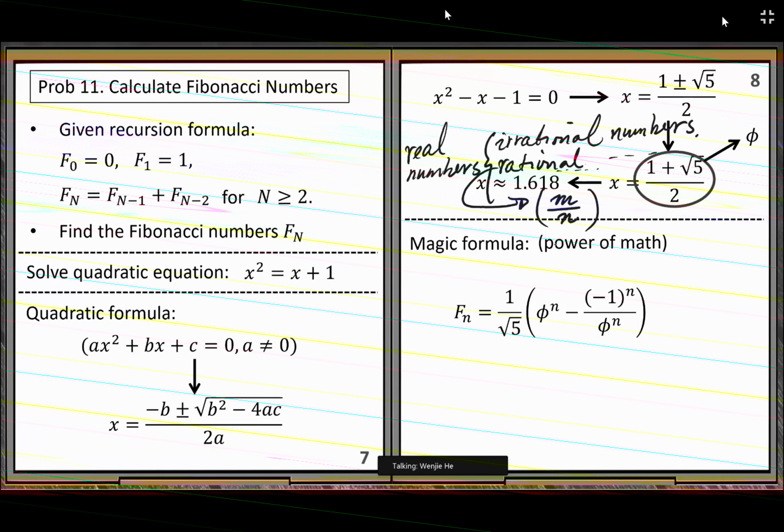You use an irrational number expression to represent an integer. How to get that? That's another story, how to derive this special formula. We will see that story later.